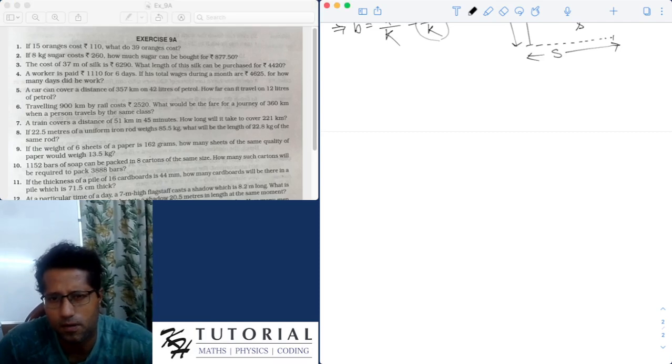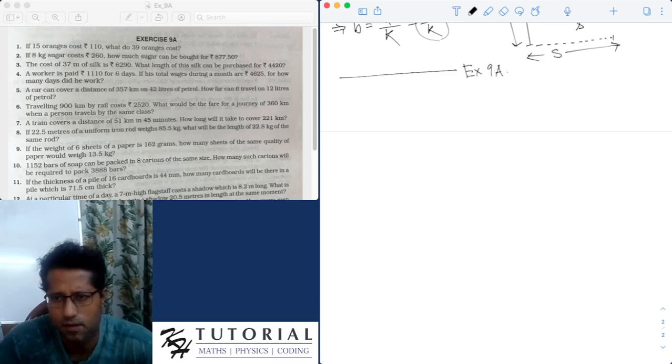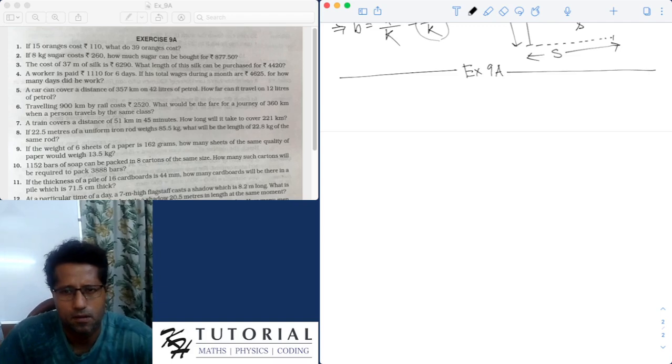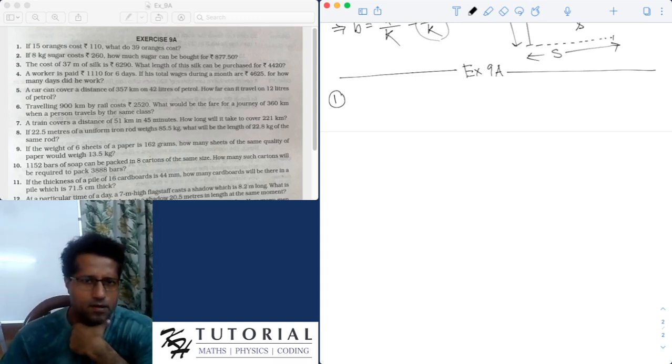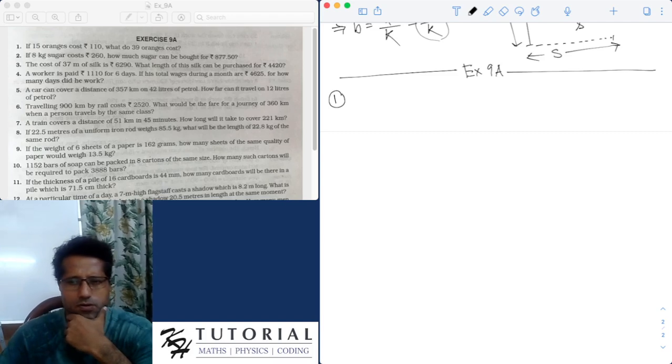So let's solve exercise 9A. The first problem is: if 15 oranges cost rupees 110, what do 39 oranges cost?